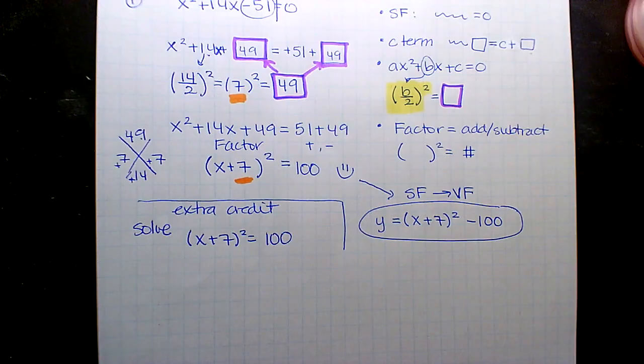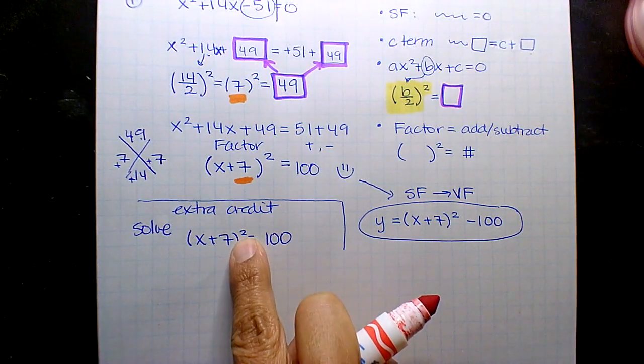What's the opposite of dividing? Multiplying. Okay, so you guys have a square here. What would be the opposite of squaring? You guys know it. Yeah, square rooting. Okay, so the inverse operation to squaring is square rooting.